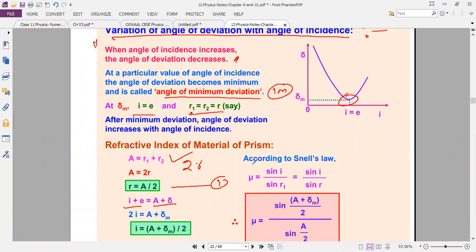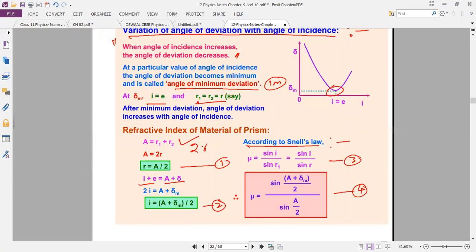Using Snell's law, sine of angle of incidence divided by sine of angle of refraction, where I is (A plus delta M) by 2 and R is A by 2. Just apply the values. This is equation number 2, equation number 3, equation number 4. The variation of angle of deviation with angle of incidence, and a graph also. Please take notes.